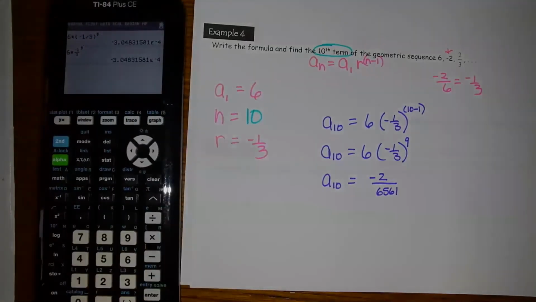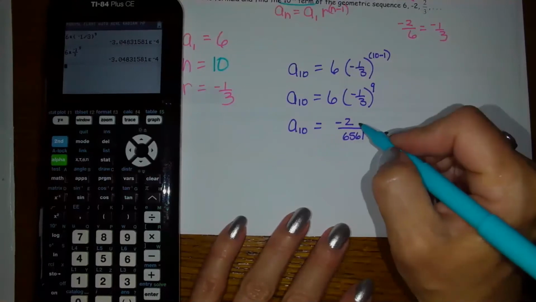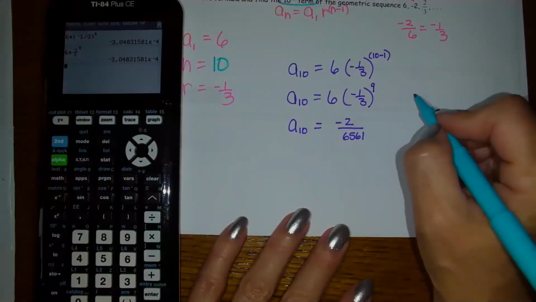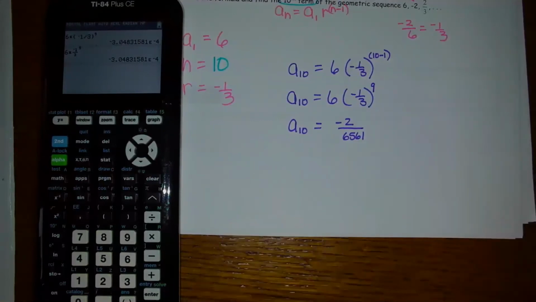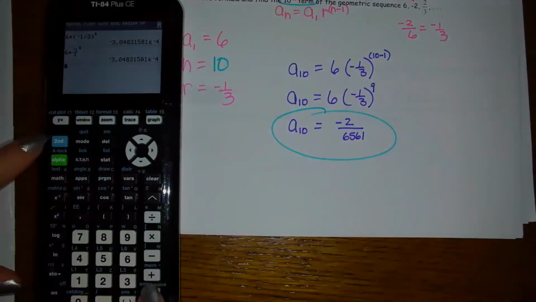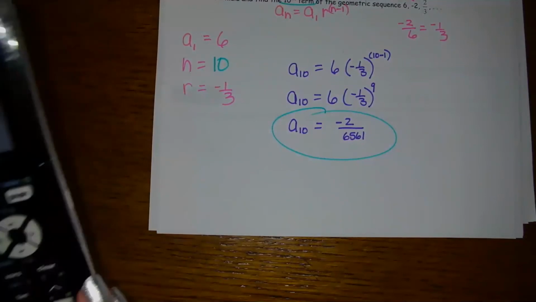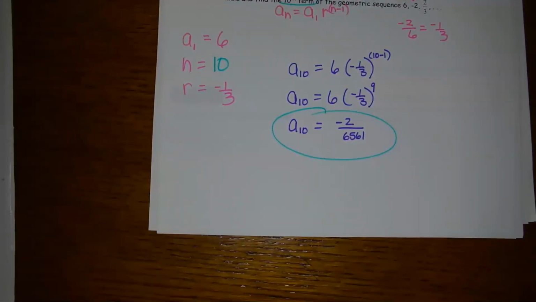Well, if I were typing this in and you want a fraction, just do -1 to the 9th, which of course is -1, and then 3 to the 9th, and kind of do it by hand. Or you can do math fraction. Nope, it won't put that one in. Strange. Okay, any questions?